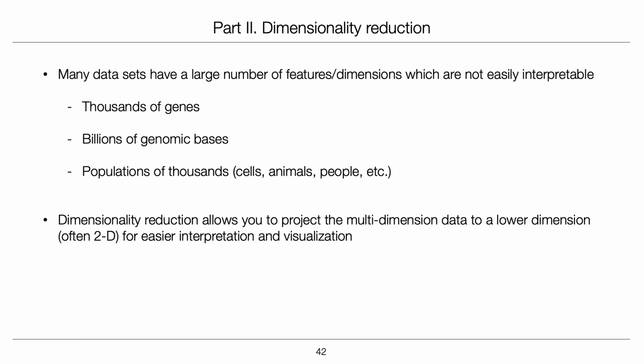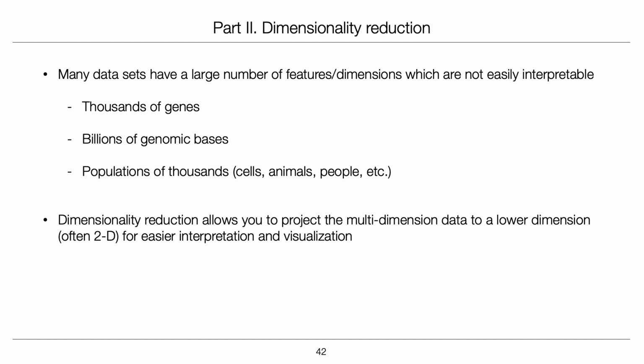Another example is that you have sequenced the genomes of multiple individuals, and you want to use the whole genome sequence for predicting the propensity that an individual will contract a disease later in life. And the billions of genomic bases will each be treated as a dimension.